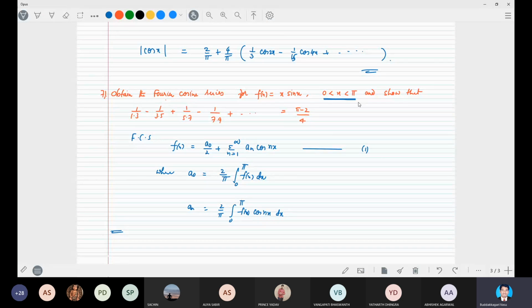Have you shown the sum of the series, pi minus 2 by 4? For what value of x is it taken for showing this sum? X equals pi by 2.